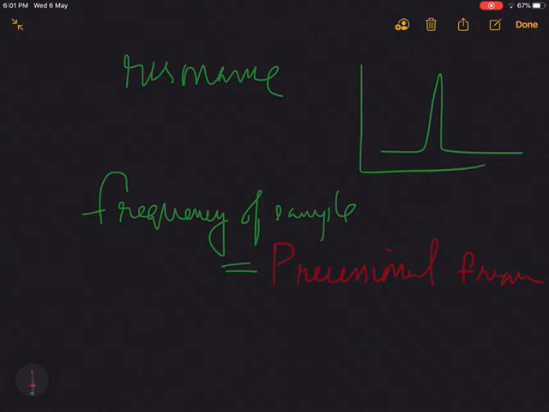So the instrument has an arrangement for increasing its magnetic field. By changing the magnetic field, the precessional frequency changes, with delta E equal to h nu. This precessional frequency can be changed by changing the magnetic field.